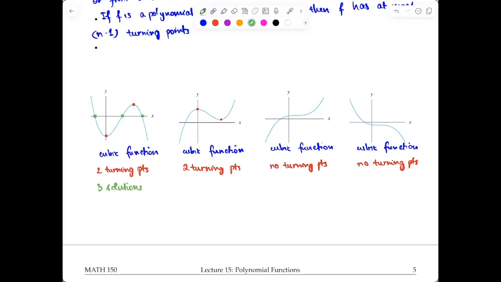What about the second graph? How many solutions do we see? 1 solution. And the last two also have 1 solution.